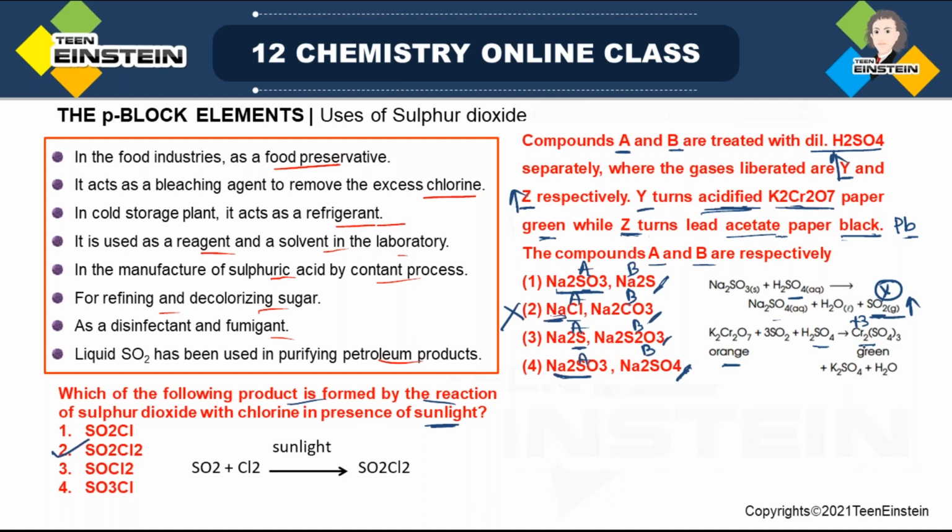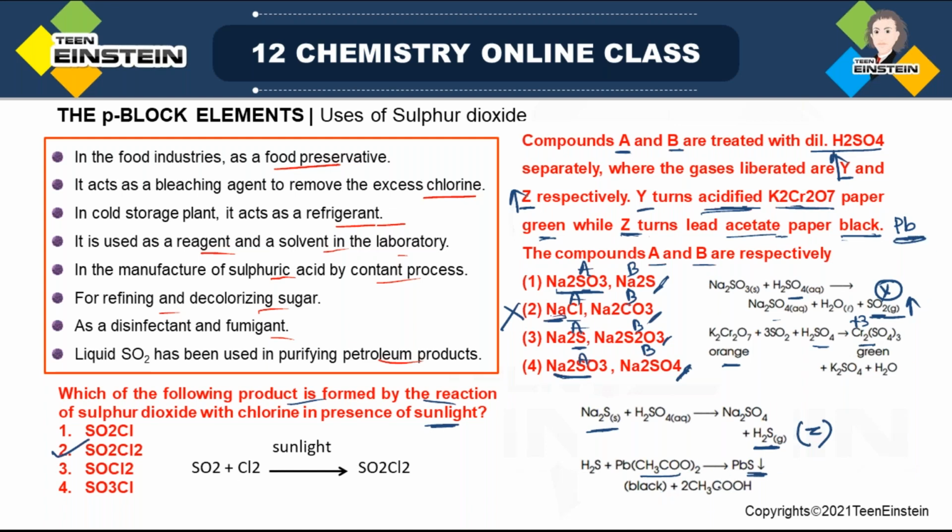Now what about Z? Z is generated from Na2S. Z is actually H2S. Now this is lead acetate. It is converted to, sorry, I have said here it is Pb, it is not Pb, it is conversion to PbS. It is not metallic lead, it is lead sulfide.